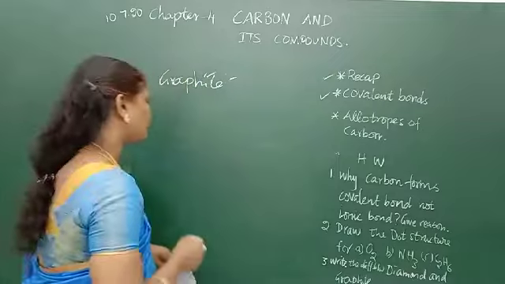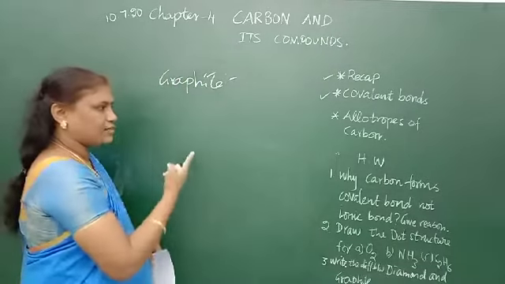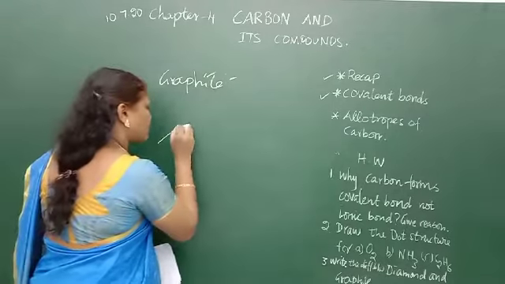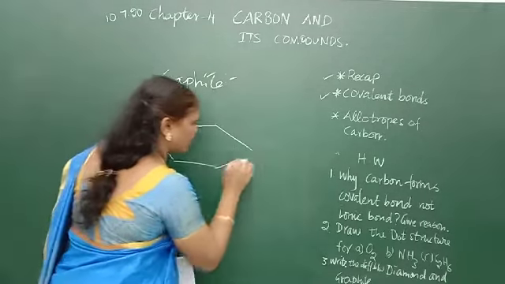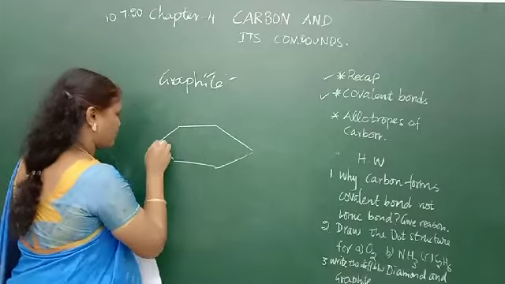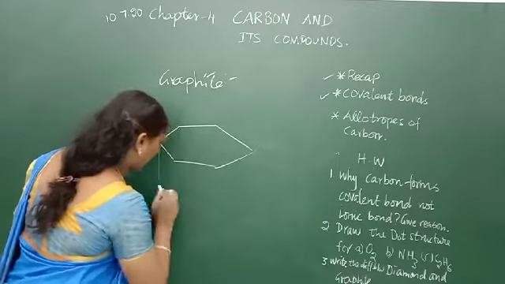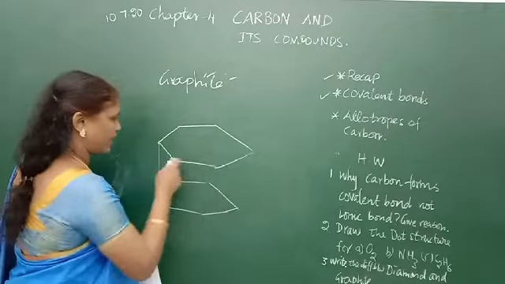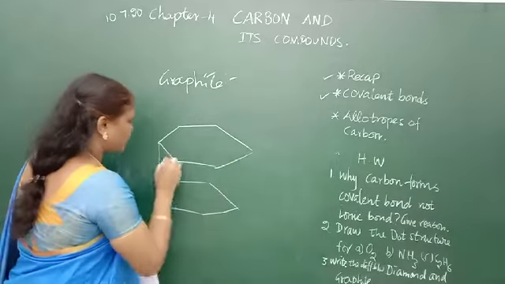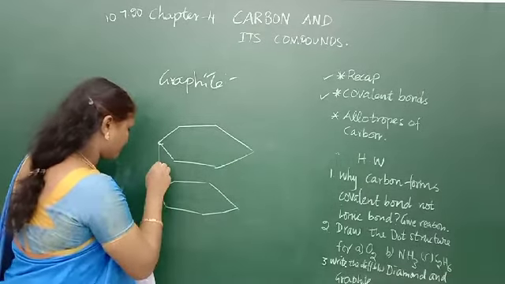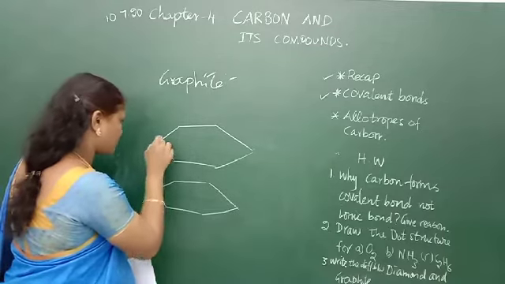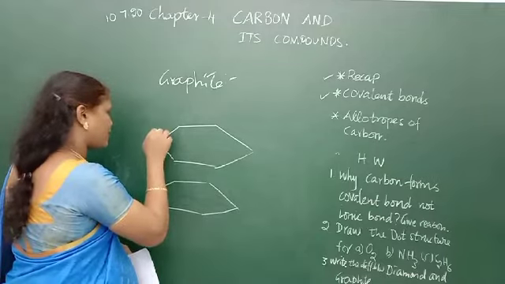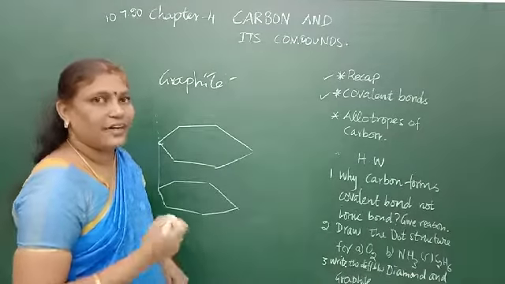And they are 2-dimensional. Diamond bonds with 4 other carbon, but here each carbon bonds with another 3 carbon. So it will be hexagonal, with 6 sides. One carbon is bonded to 1, 2, 3, and one more bond is a weak bond.